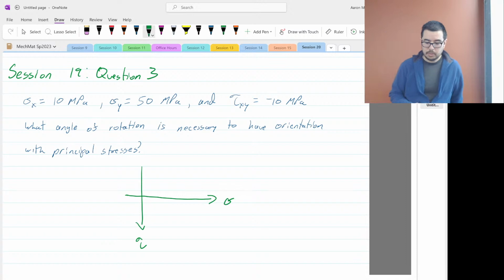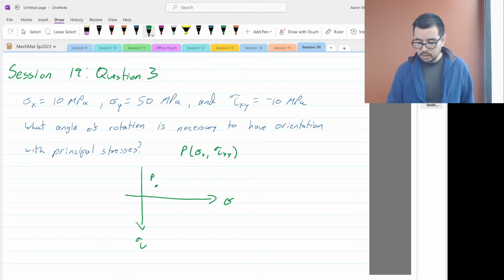We start off something like this, and it's good to set up where P is, okay? In this case, P is 10 and 50, and then minus 10. So P is, let's say, somewhere around here. P is sigma x, tau xy, which is 10, minus 10.